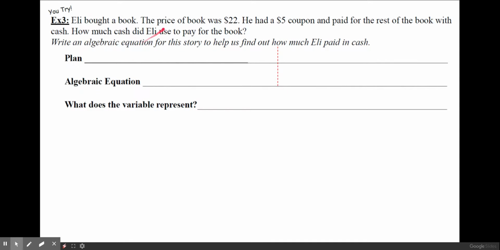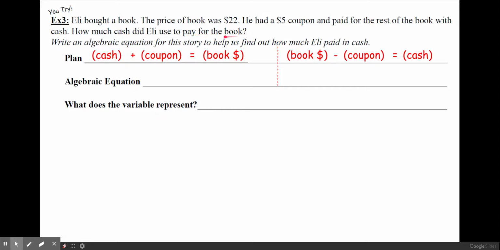So we know that the cost of the book was $22. So if he paid money plus $5, that's going to equal the total cost of the book. So we can say cash plus coupon equals the book cost. Or you could say, the book cost minus the coupon is going to get you how much he paid in cash. Anyways, how much did he pay in cash? Do we know?